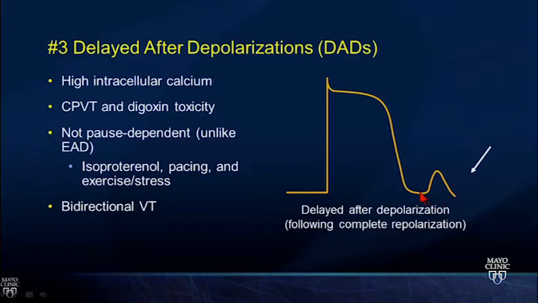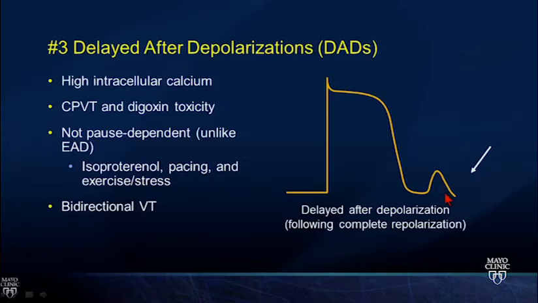So if these little calcium sparks, either extracellular calcium coming inside the cell or little release of calcium from the sarcoplasmic reticulum into the cytoplasm, can start off an action potential. CPVT is a hallmark arrhythmia of patients who have this delayed after depolarization. Now this is not pause dependent because this is happening in phase 4 of the action potential.